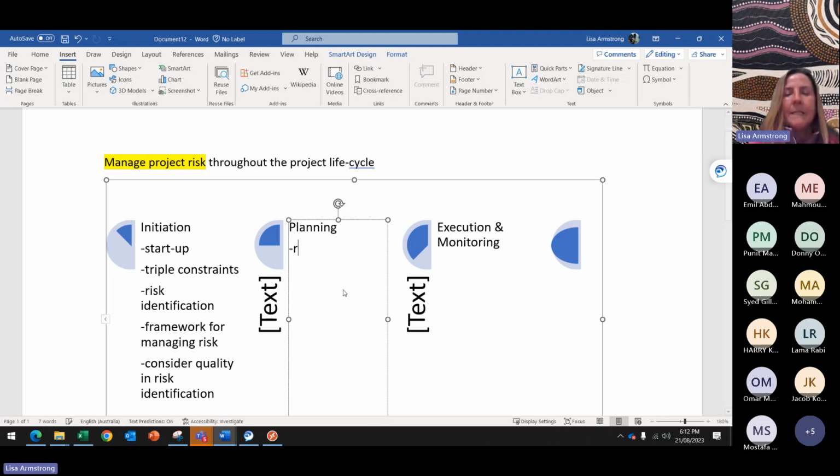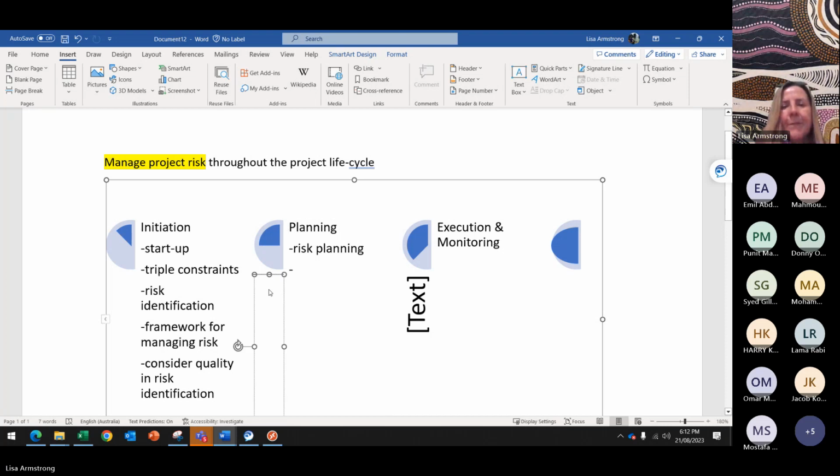And I'm really keen to hear from you here because when we think about risk planning, what are your thoughts there? What's starting to happen perhaps? We've gone from the initiation, which is up here, and now we're starting to plan. We're actually starting to get into more detail in terms of planning risk. What's happening there? Yep. Sorry, Lisa.